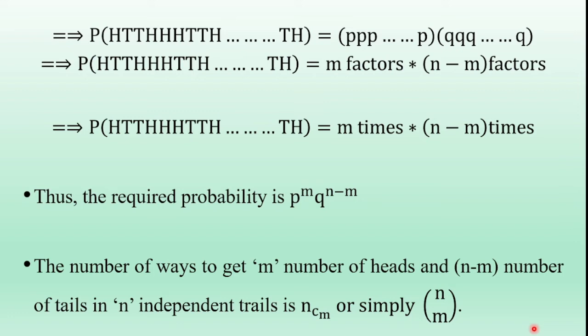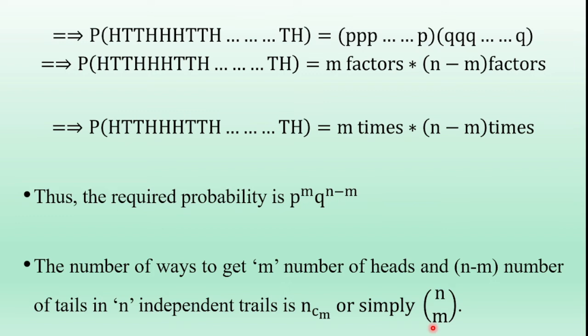The number of ways to get small m number of heads and n minus m number of tails in n independent trials is denoted by nCm, or simply (n m).